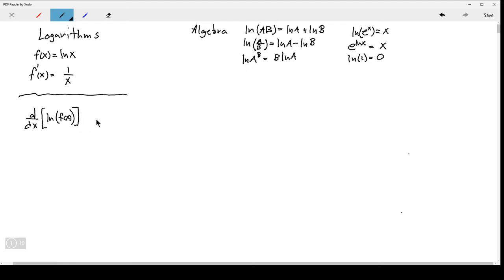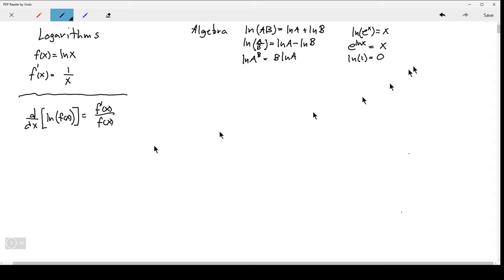Right, then we're basically applying the chain rule. So the chain rule is I take the derivative of the ln, and then I take the derivative of f. So the way we usually write that is like this. We do f prime of x over f of x. That is the easiest way to remember it. Okay? All right, so we have these formulas.